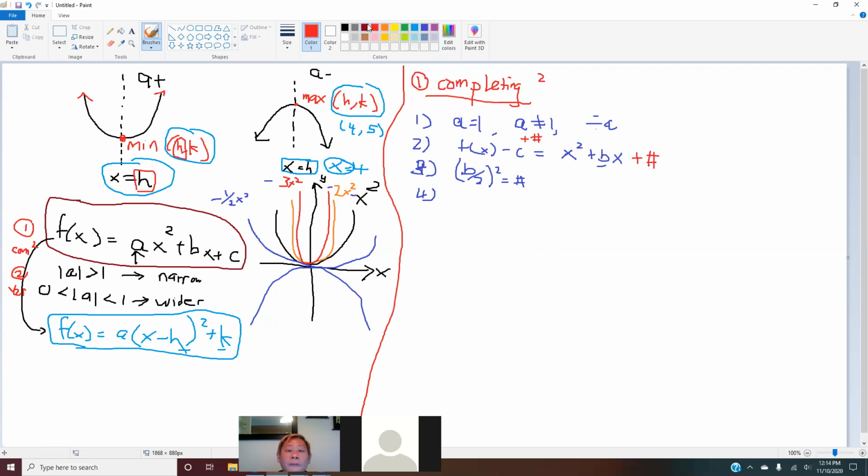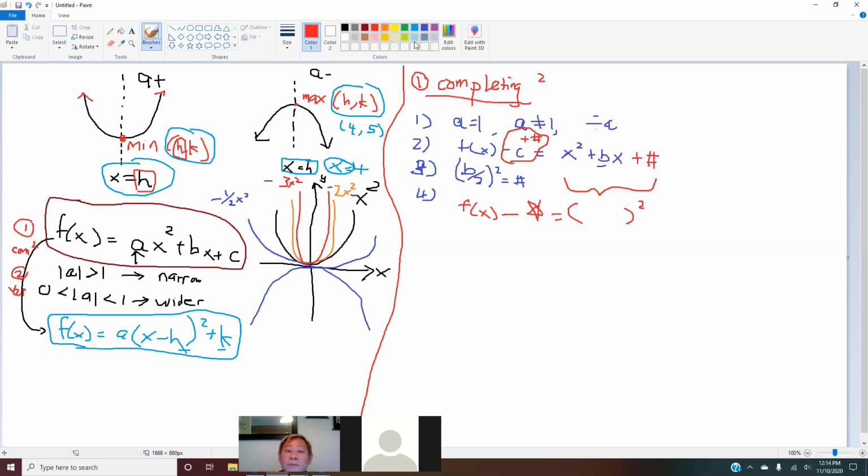The fourth step is that these 3 terms, when you factor them, form a perfect square trinomial. Then you combine the terms that are all numbers, so you will get f(x) equals something, minus something.